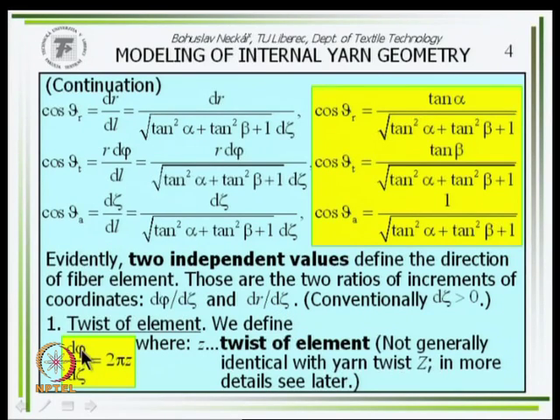Let's define d phi by d zeta for one fiber element. Let's call this value 2 times pi times z, where z we can call the twist of the element. Later we will explain more precisely why. This twist of the element can, but needn't, be identical with the yarn twist, which we know from technological terminology.